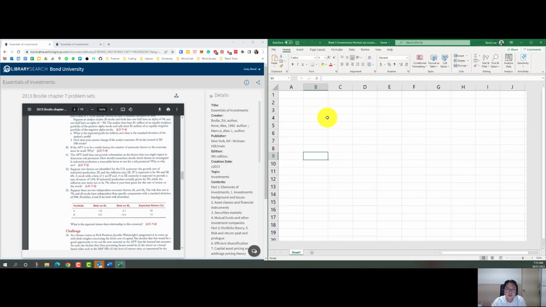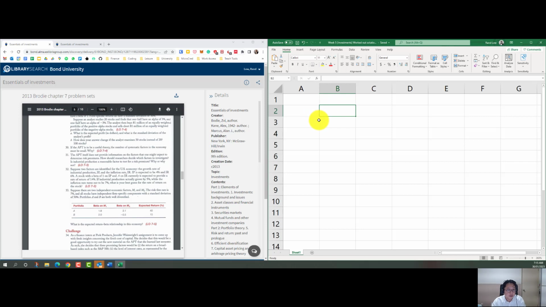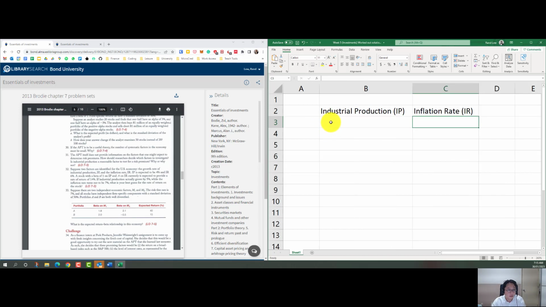I'm going to zoom in and put all the information here: the industrial production, IP, and the inflation rate, IR. IP is expected to be 4%, IR 6%.